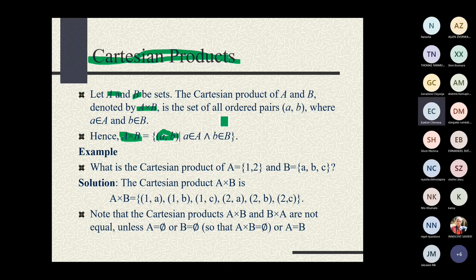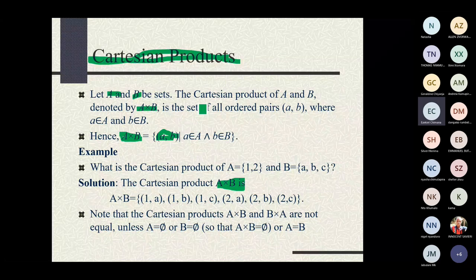So we need to come up with a Cartesian product of A cross B. What you do here is not like we are multiplying or expanding brackets. You will see later that it's not like that. What you'll be doing here is taking this element and matching it with all the elements here, and this element matching it with all the elements here.